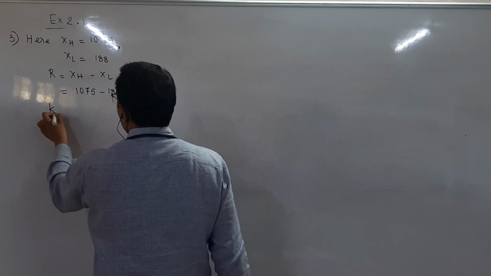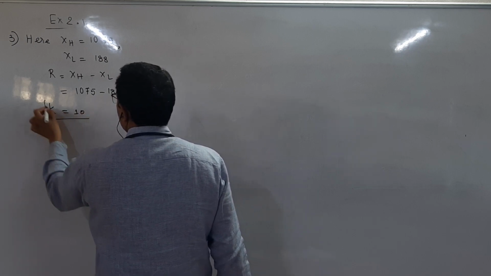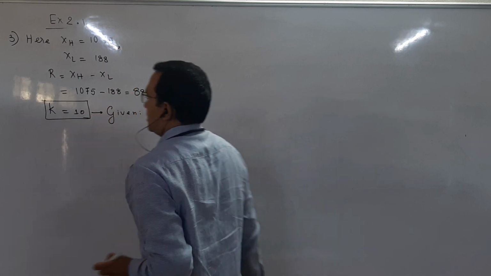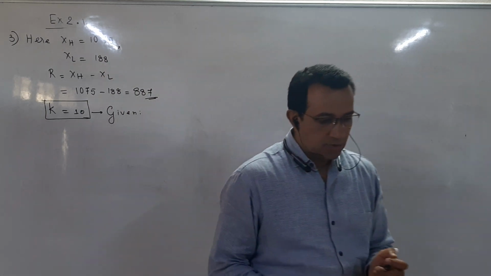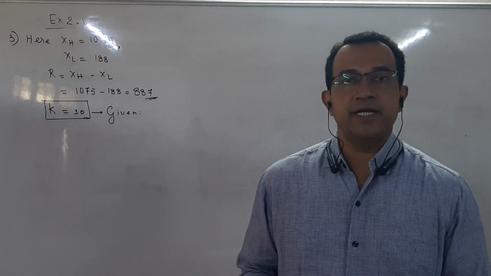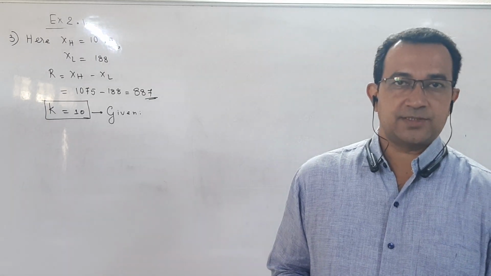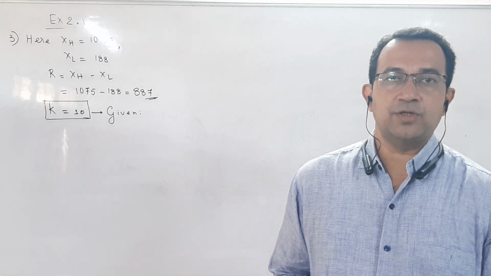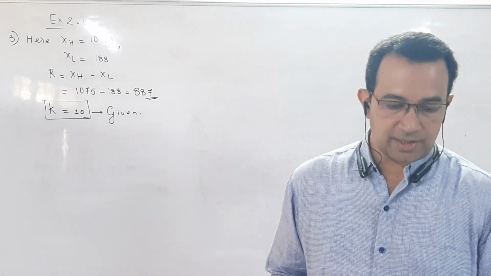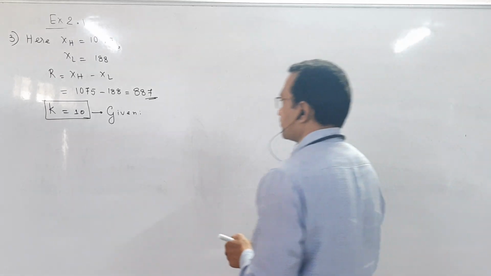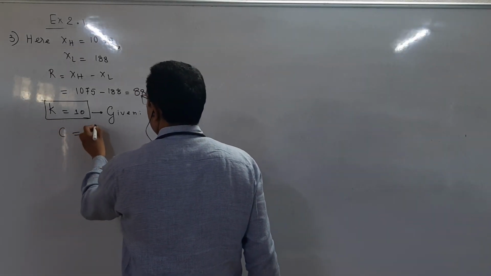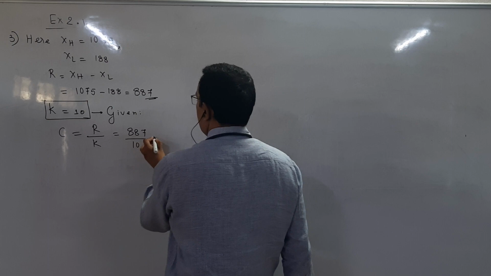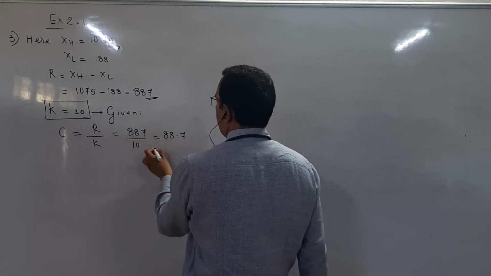Now we are given that the number of classes is 10. This is already given, students. Be careful. In the question only we are told to distribute the data into 10 classes. Now all of you know that C into K is greater than or equal to R. So class length will be range divided by number of classes, 887 divided by 10, so it is 88.7.